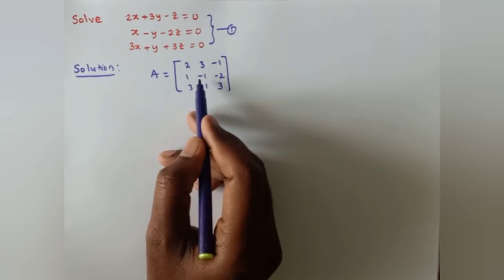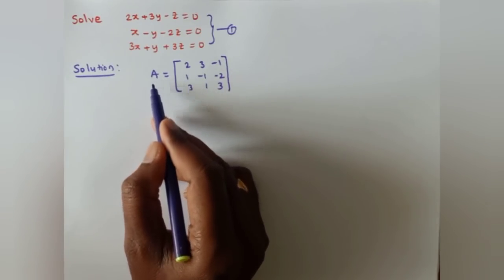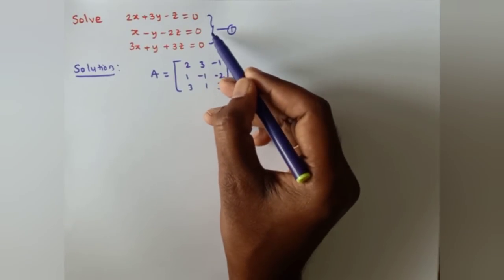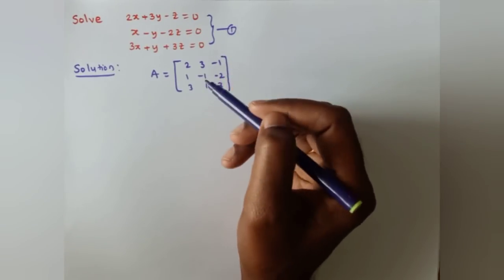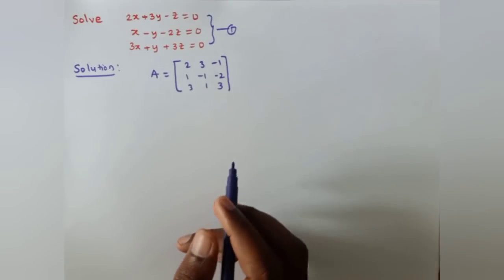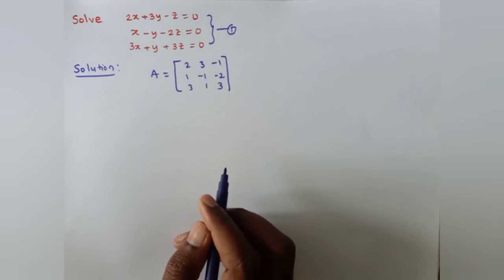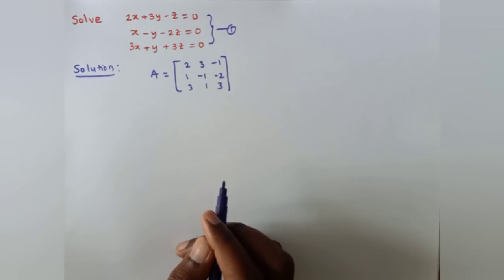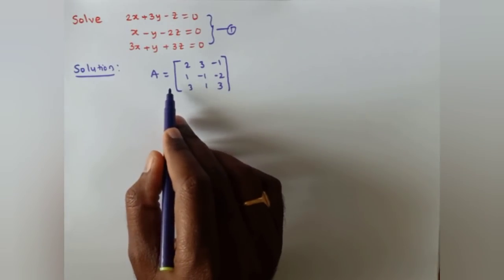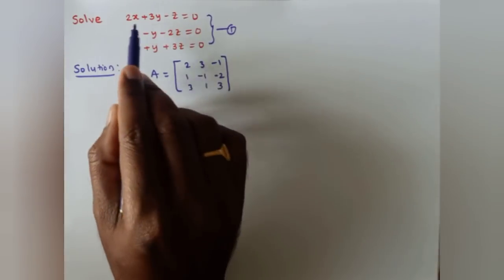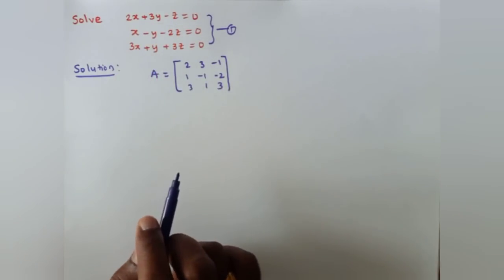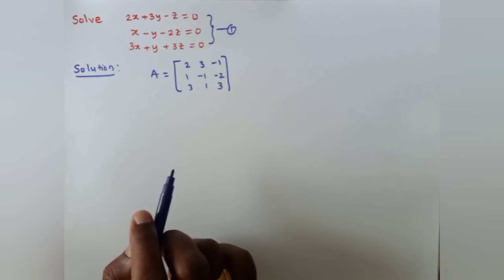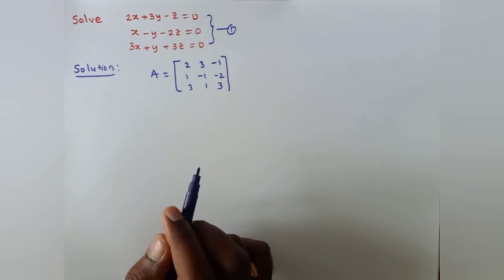If the rank of this matrix A is 3, then the system has a trivial solution. Otherwise, it has a non-trivial solution. When the rank of A is less than the number of variables, that is 3, the system has a non-trivial solution.